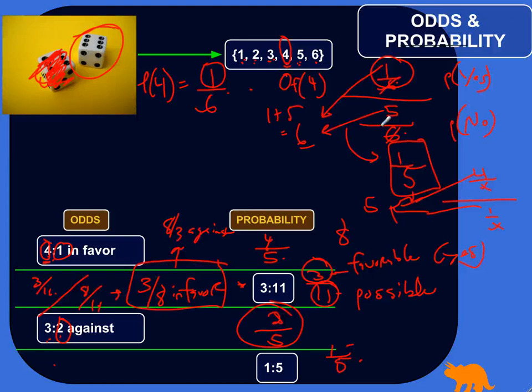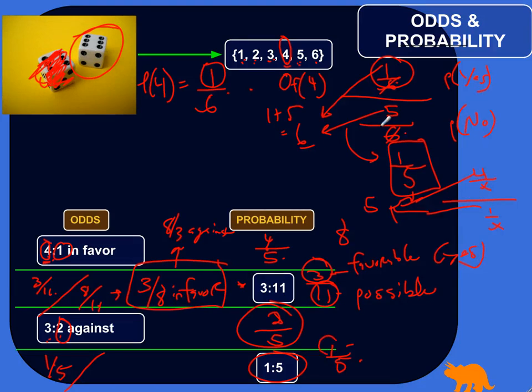So the odds in favor would be 1 over 5 divided by, so we're given the probability that it will occur. So odds are the probability that it will occur over the probability that it won't occur. So we're given that, 1 over 5. Now what's the probability that it won't occur?